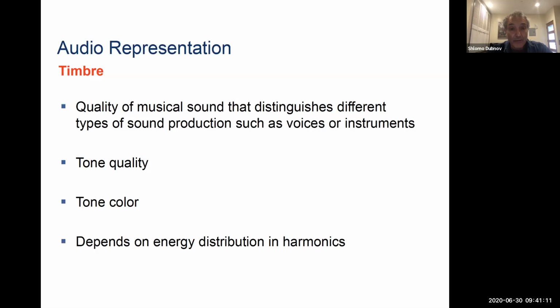So if you have the same note played with the same dynamics, basically the same volume, same loudness, and same duration, but by two different instruments, you would still hear them differently.